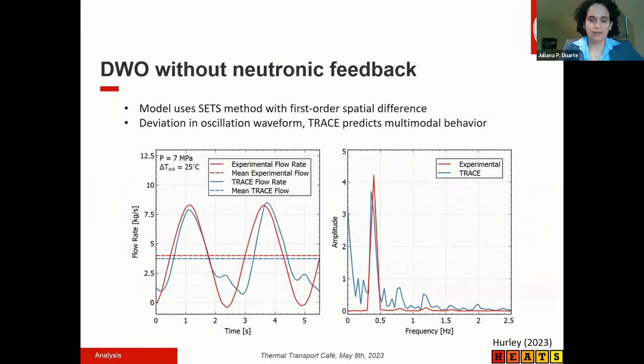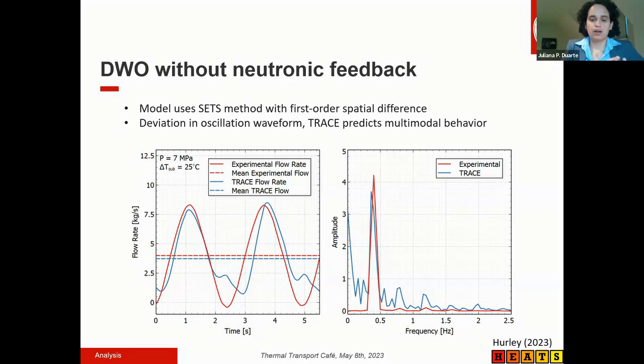We did that, and after finding the most appropriate K factors, and also making all the numerical tests in TRACE to make sure that any of the oscillations that we are observing are not due to numerical problems, TRACE was able to simulate in a very good way the amplitudes and the frequencies of this oscillation.